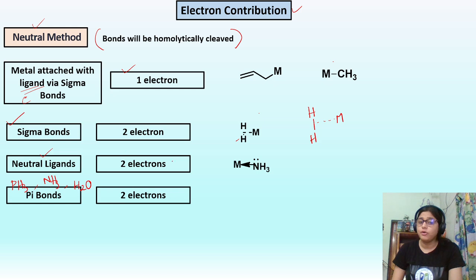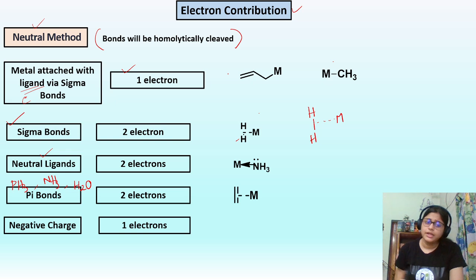Fine. Pi bonds don't have any charge, so again two electrons. Okay. Negative charge: let's say a halogen, Cl minus, F minus. You can be confused with that, because for the case of a lone pair we are taking two electrons, but here we will take 1 electron.